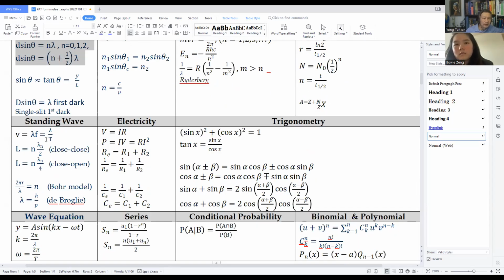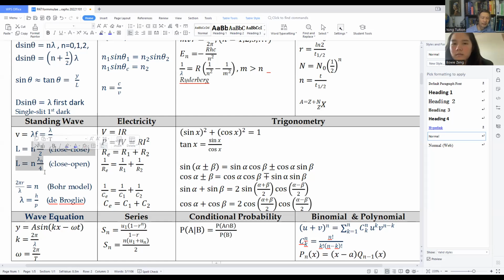Of course, you know this most important formula between velocity, frequency, and wavelength. This is for each end fixed, and this is for one end open, another closed. And this formula has been mentioned in the formula sheet as well.